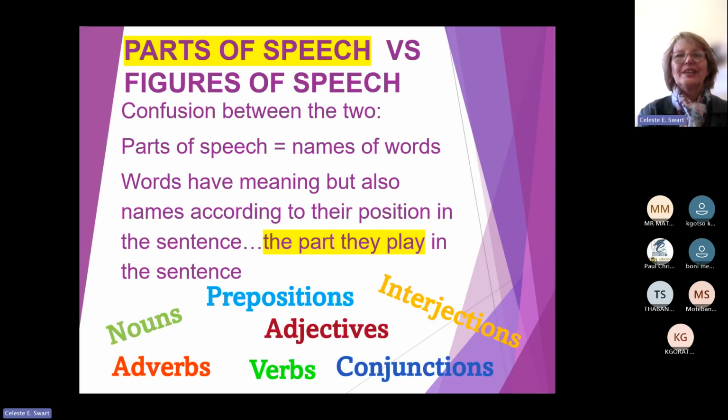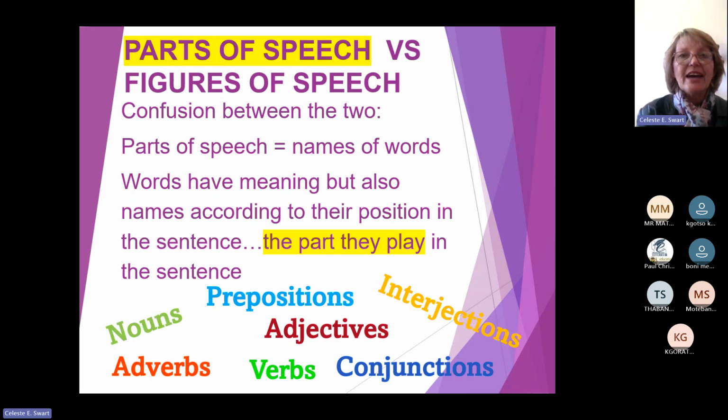But before we start, this is something we really need to look at that concerns me: our learners are confused between parts of speech and figures of speech. So what is the difference here? Why do we get confused with these two? Parts of speech, if we think of the part they play in a sentence, are the names of the words.